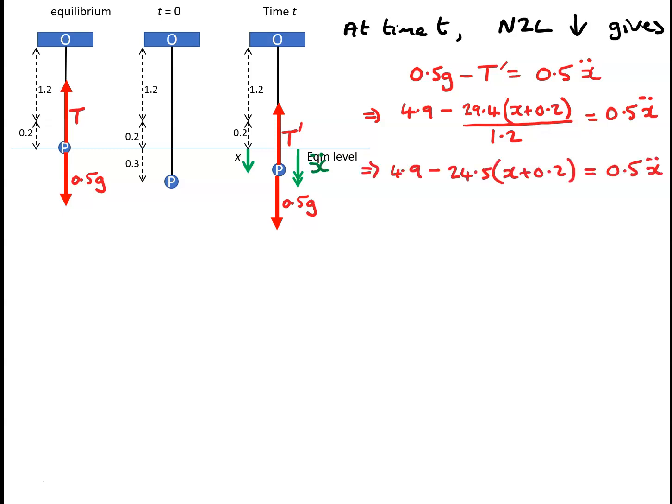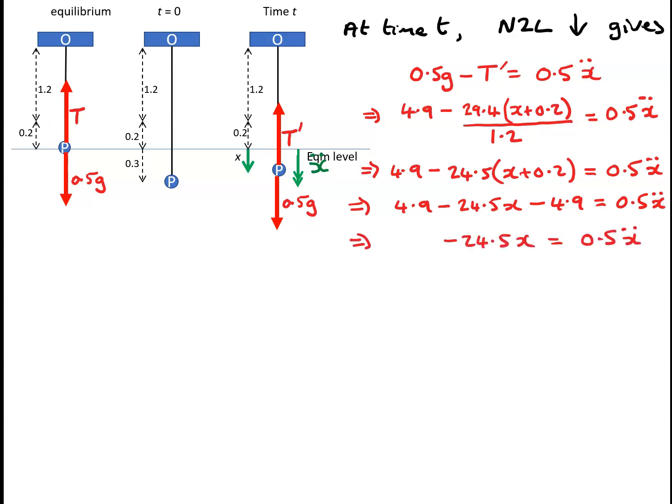Simplifying that out, 29.4 divided by 1.2 gives me 24.5. So I've got 4.9, take away 24.5 times x plus 0.2, must equal 0.5 x double dot. Multiplying the brackets out, we've got 4.9 take away 24.5x minus 4.9 equals 0.5 x double dot.